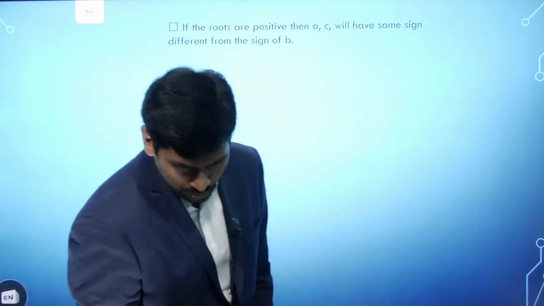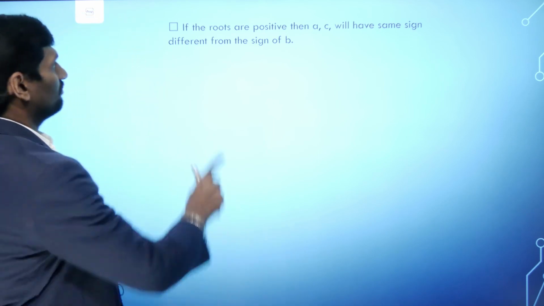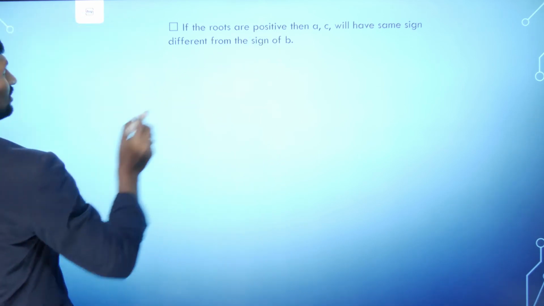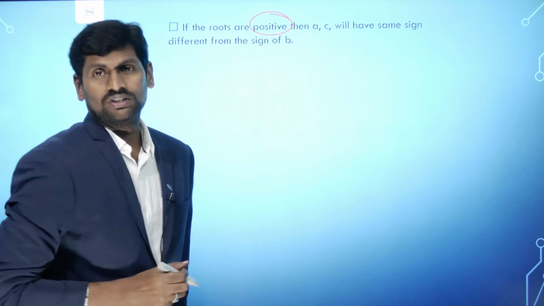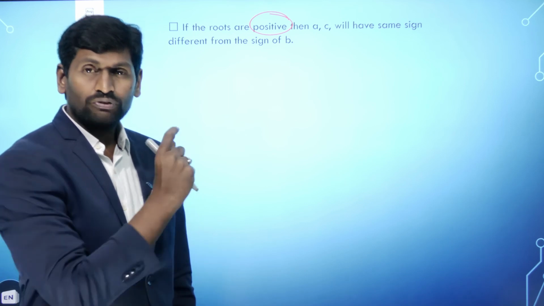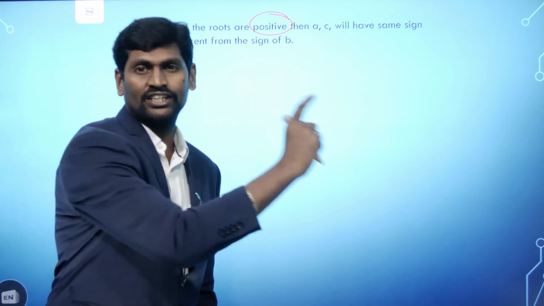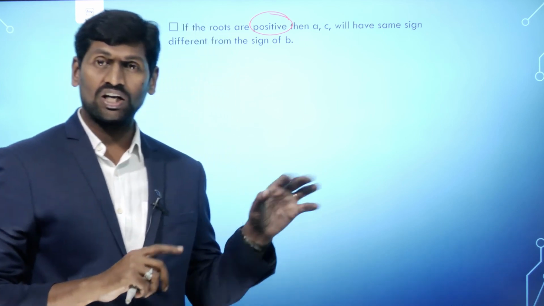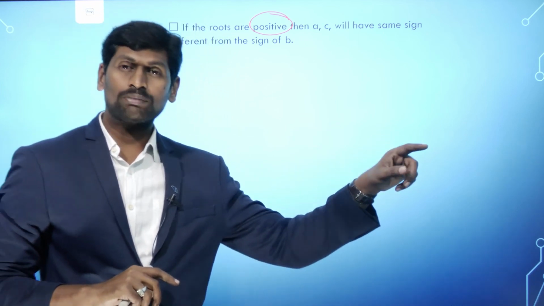Okay, now? Right. Next, coming to the next one. If the roots are positive this time. Previous condition is roots are negative, right? If roots are negative, a, b, c, that means all coefficients of x square, x, constant term, all have the same sign, whether positive or negative.